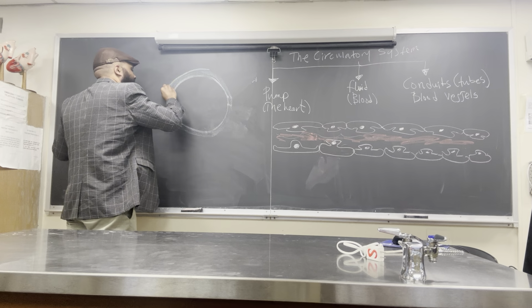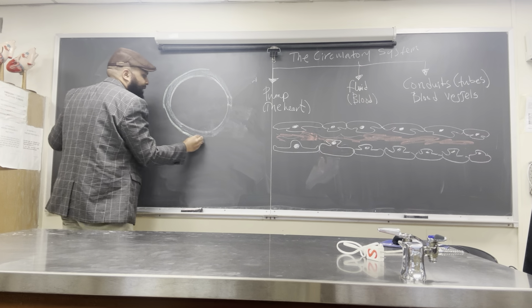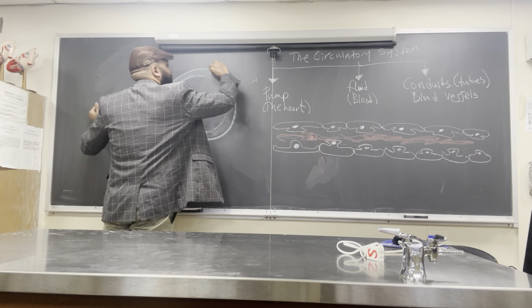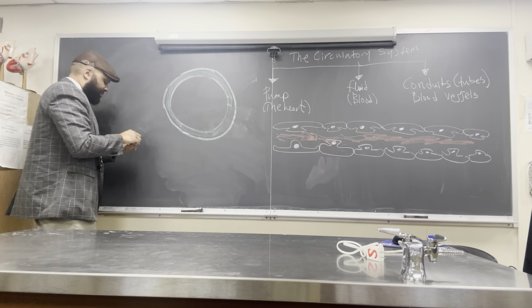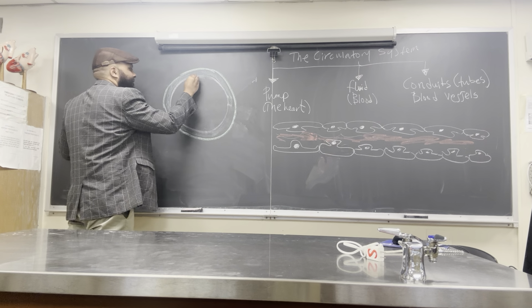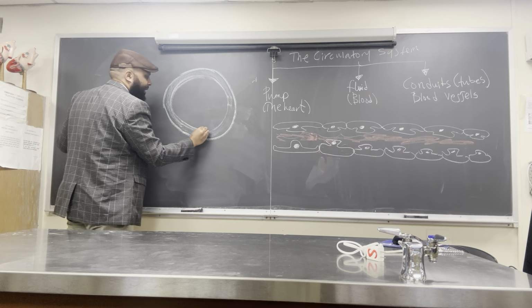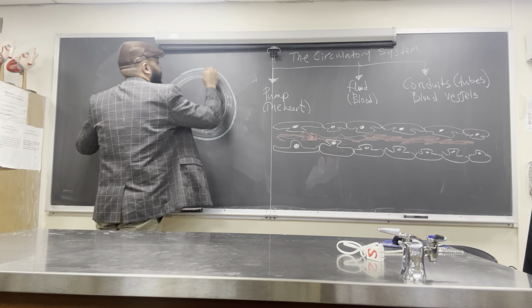Every single blood vessel has to have how many layers? Three layers, known as the three tunics.